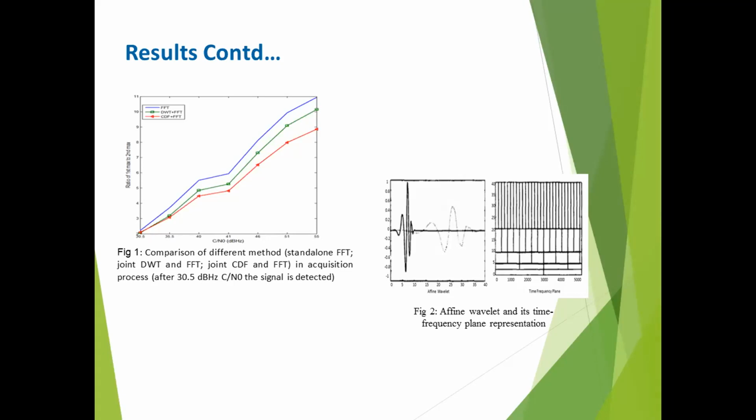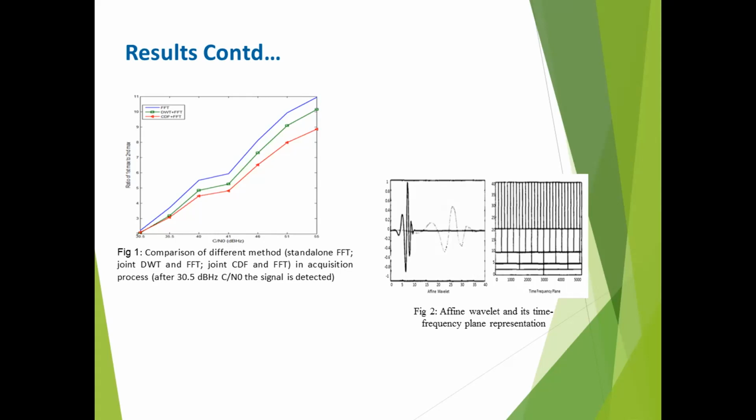It correlates and gives a peak. By the peak amplitude, or from the peak-to-noise-bed ratio, or the peak-to-second-peak ratio, we can detect how good the signal is.